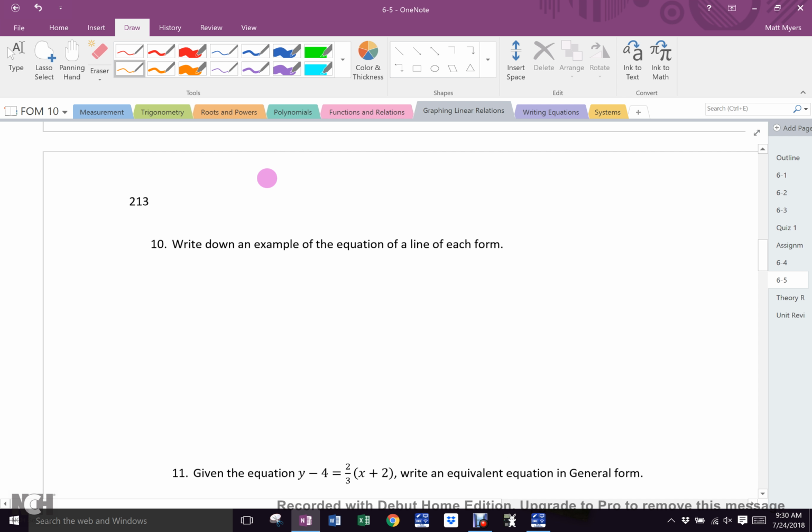Those 2 points are going to be (3, negative 5) and (negative 6, 13). With that knowledge, you should all be able already to do number 10.